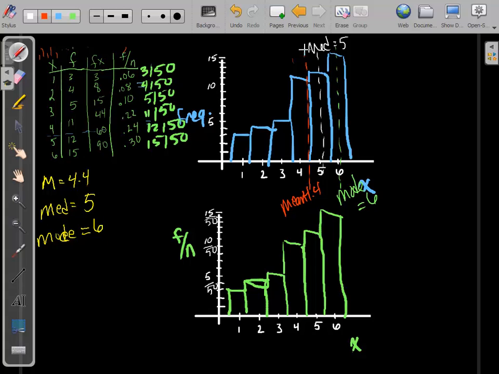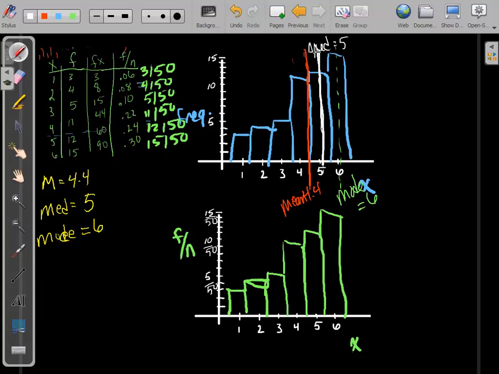Alright, so one of the things that we want to point out, maybe I'll put this in a little bit more solid colors. For this mean to be less than the median, we would say that this distribution is skewed. Okay, if the mean equals the median, we say that the distribution is symmetric.